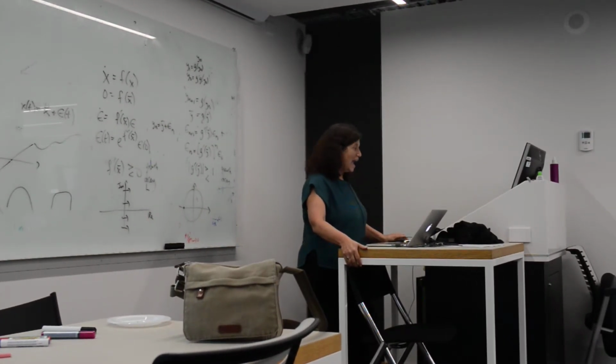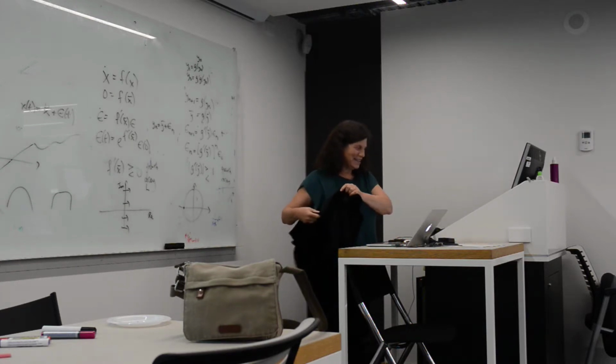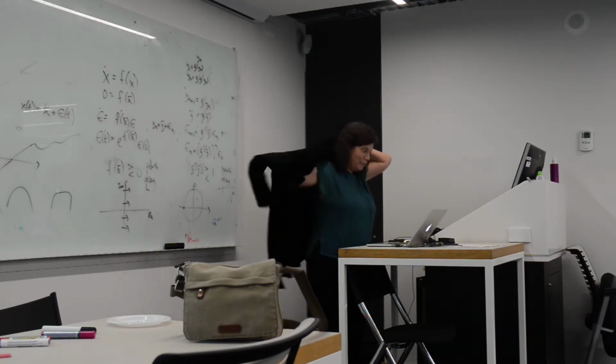I happen to be older than I look, or rather, I like to think I look younger than I am. So I was around when this was discovered, and I was around at a conference when Feigenbaum and Coullet-Tresser met. I mean, they probably met before, but what I heard later about their conversation was kind of like this.